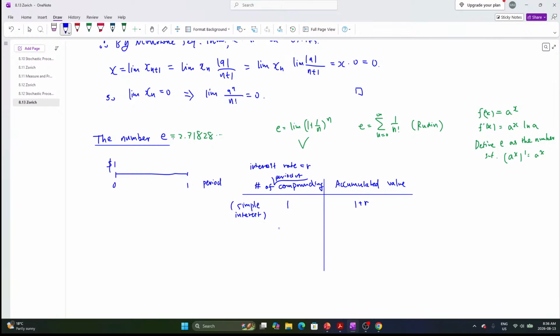So compound interest happens when you have at least 2 periods of compounding. There's this rule, it's a purely artificial rule, that if you have 2 periods, then the individual interest rate for each period is going to be the original interest rate R over 2. So R over 2, half R, is the interest rate for the first period and the same for the second.